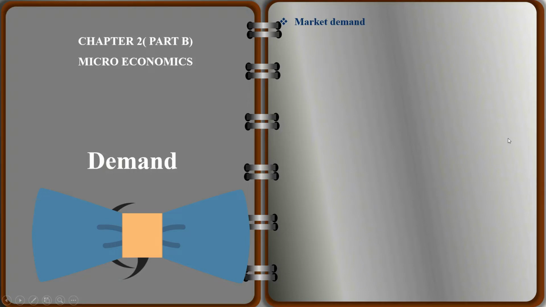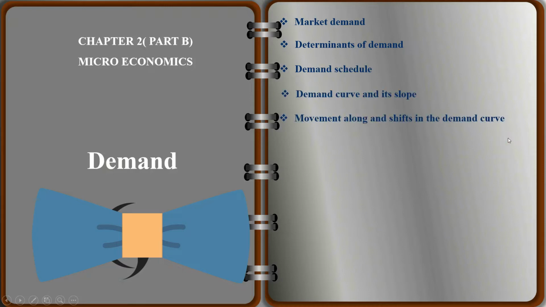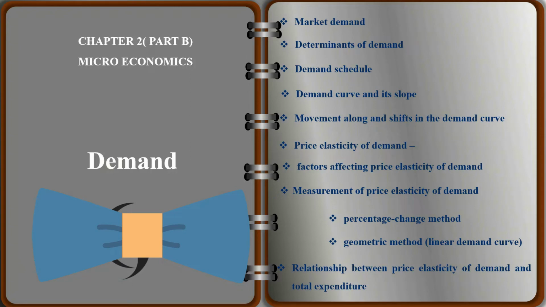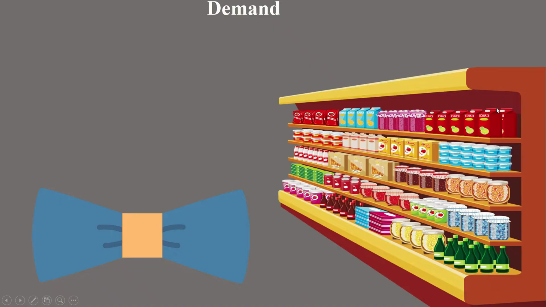That is, what is market demand, determinants of demand, demand schedules, demand curve and its slopes, movement along and shift in the demand curve, price elasticity of demand, factors affecting price elasticity of demand, measurement of price elasticity of demand, that is the percentage method and geometric method. The last one is the relationship between price elasticity and total expenditure.